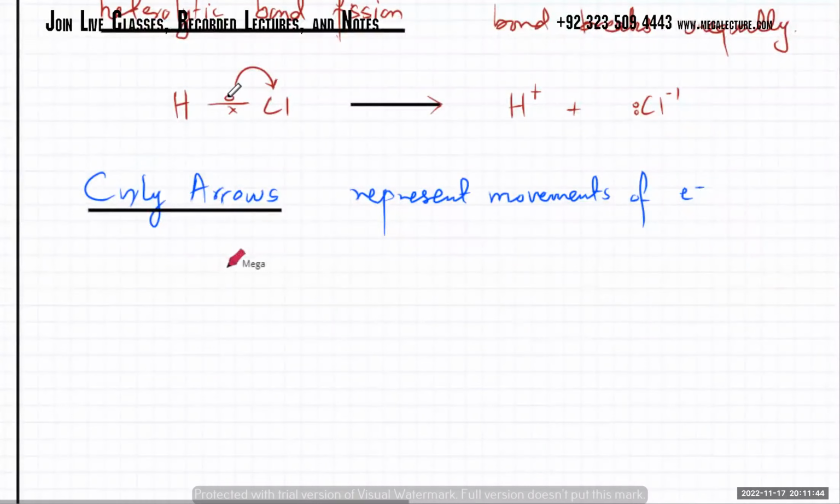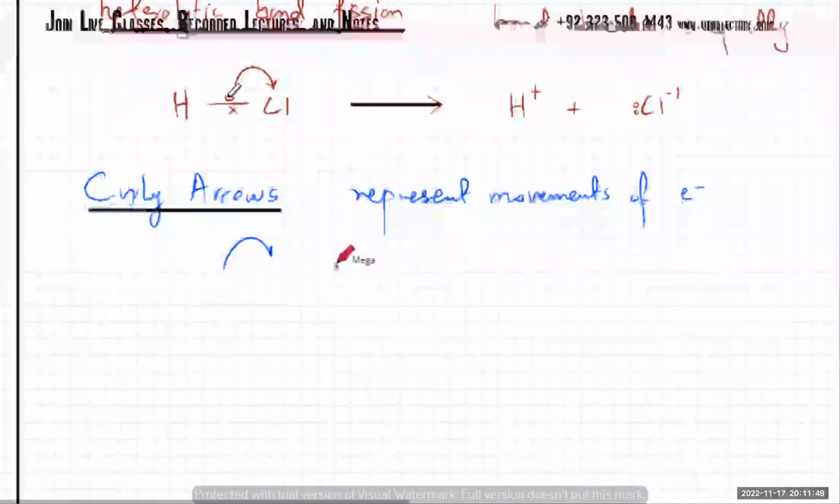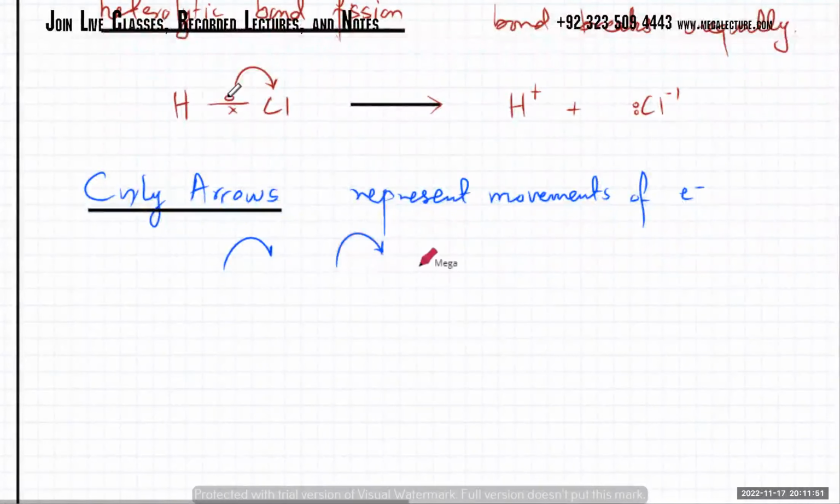And there are two types of curly arrows. One of them is a half arrow, and the other one is a full arrow. The half arrow, the half-arrowhead, means a movement of one electron only.